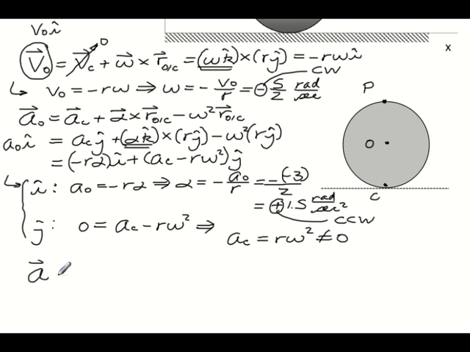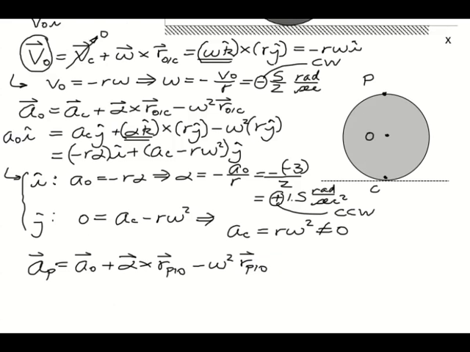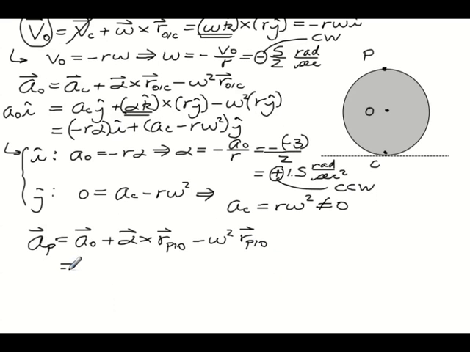So AP is equal to, I'm going to use 0.0, AO plus alpha cross R. The equation looks a lot the same as we used before, but we're just going between different points. Like that. We know AO is minus 3i.